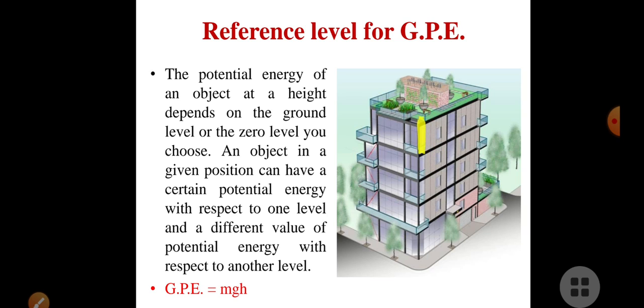And according to the height, you will write the formula, and the value of potential energy possessed by you will be given by the formula weight, that is mg, into h. H means the vertical height from ground level to the upper level where you are considering, between these two levels.